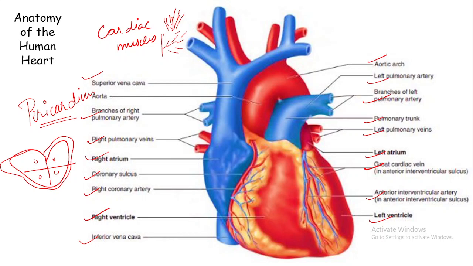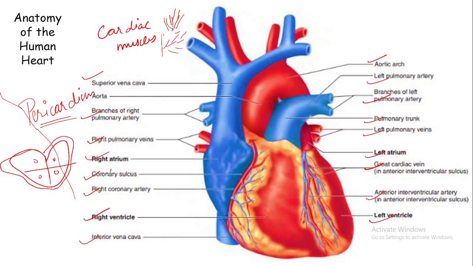This blood vessel that you can see here is called the coronary artery. The coronary artery is a blood vessel which arises from the aorta and supplies blood to the heart muscles. As I told you, the heart also needs nutrition and gases for its functioning. So in order for that to work, the blood is supplied by the coronary artery.